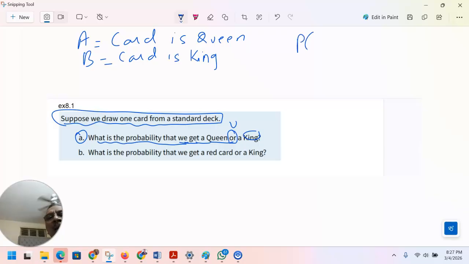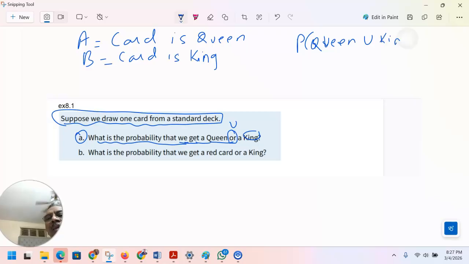What is the probability that the card is either a queen or a king?